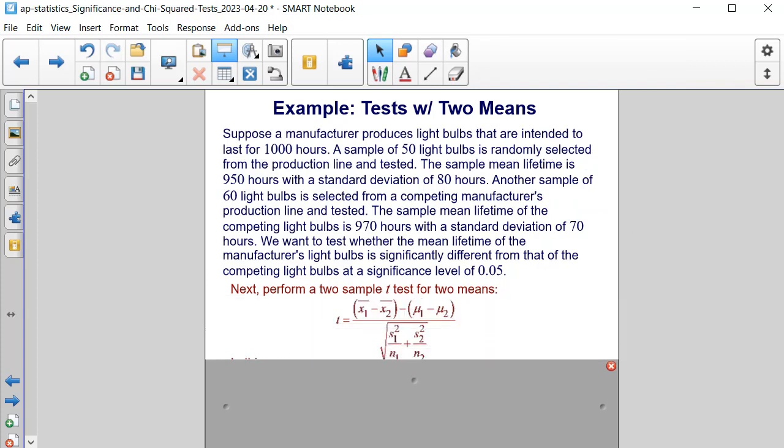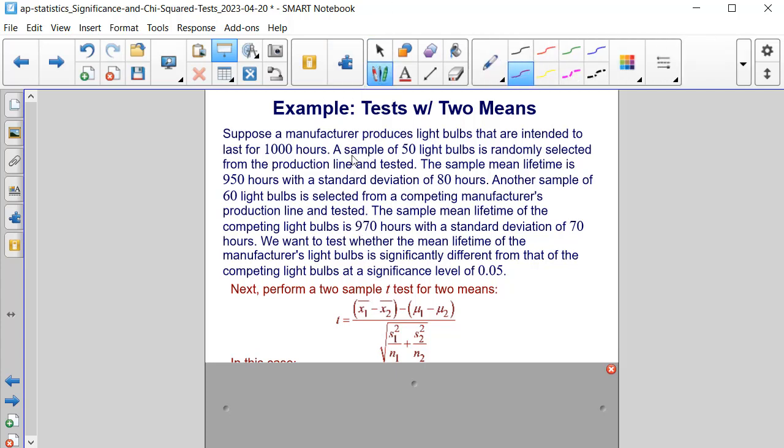We're going to first substitute in all the data values that we have from our problem into the formula, and then evaluate. If we look at our problem, we have the sample of 50 light bulbs. This is our N1 value. Its sample mean is 950 hours. That's going to be our x sub 1 with a bar over it. And the standard deviation of 80 hours is our S sub 1 value.